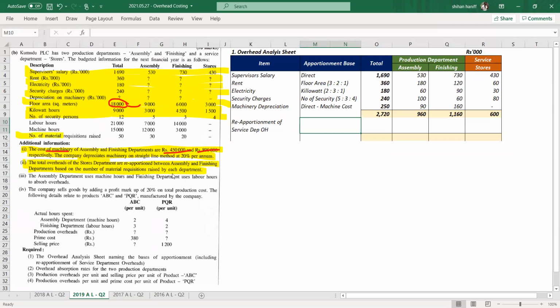The number of material requisitions raised by each department is 30 to 20, 3:2.